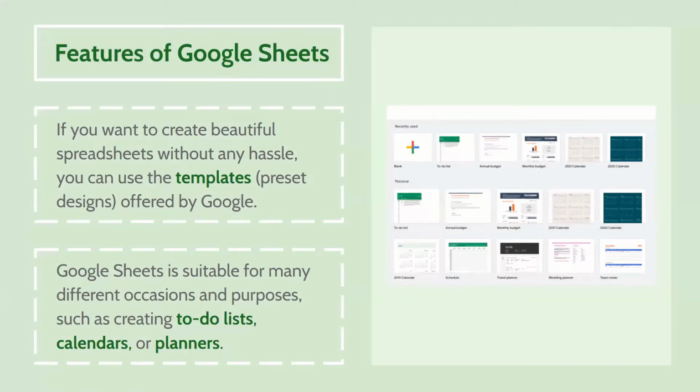So, features of Google Sheets. If you want to create beautiful spreadsheets without any hassle, you can use the templates, the preset designs offered by Google. Google Sheets is suitable for many different occasions and purposes, such as creating a to-do list, calendars, and even accessing planners.